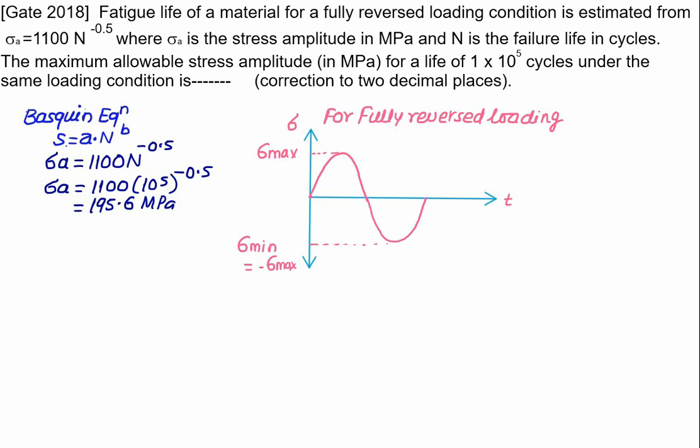Because sigma minimum is minus sigma max, the mean stress will be equal to 0, and the amplitude stress is measured from mean stress. So this value is same as amplitude stress, which is equal to the maximum stress. In this case, the maximum stress sigma A is 195.6 megapascal. The maximum allowable stress amplitude is 195.6 megapascal.